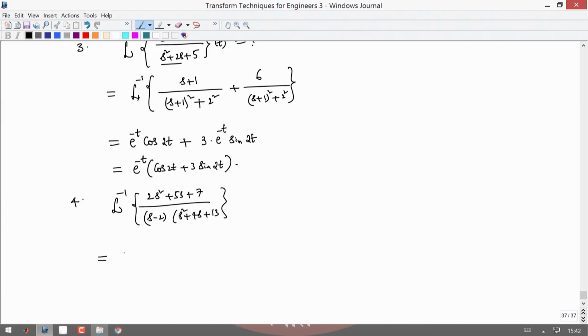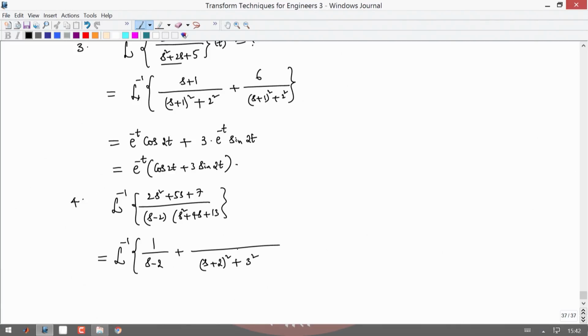This is equal to, I will write the partial fractions directly, s minus 2, and for this denominator you try to put it this way. s plus 2 whole square will give me s square plus 4s plus 4, and that leaves plus 9, that is 3 square.